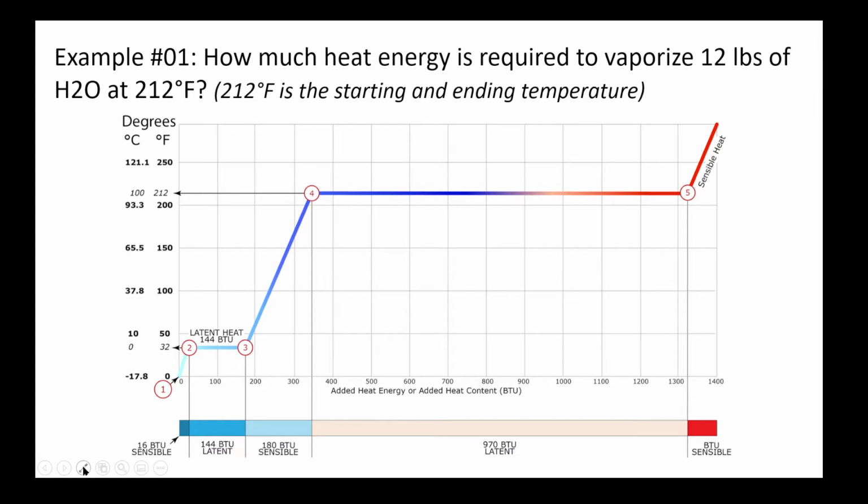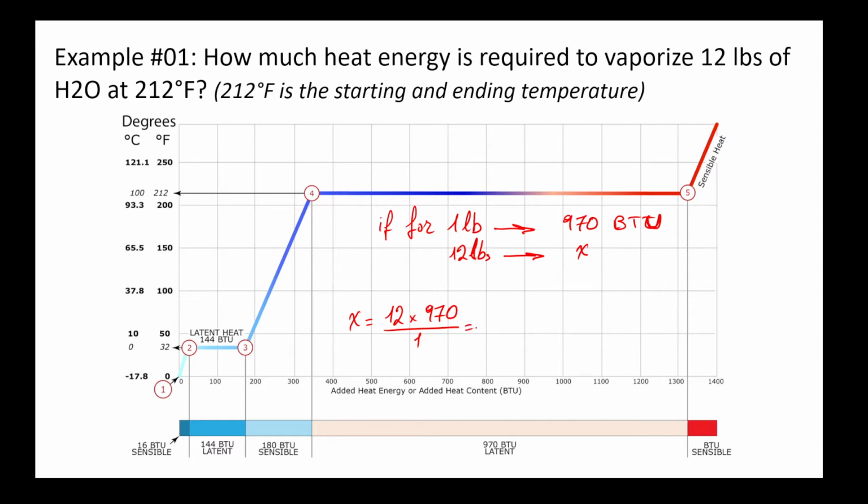Okay, that sounds to me like a straightforward cross multiplication. So if for 1 pound we need 970 BTUs, for 12 pounds we're going to need x BTUs. In this case, x equals 12 multiplied by 970 divided by 1.